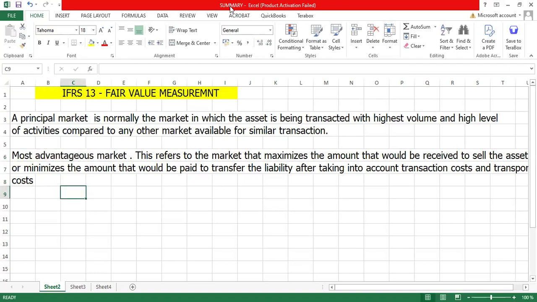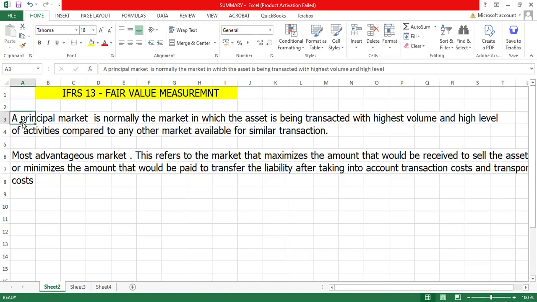In a situation where we cannot find the market where that asset is transacted with the highest volume, then we are going to look at another market where we can actually gain more. If you were to sell your asset, where can you gain more? That will be your most advantageous market. But you cannot look at gain or benefit when you have the principal market. The principal market is the main one.